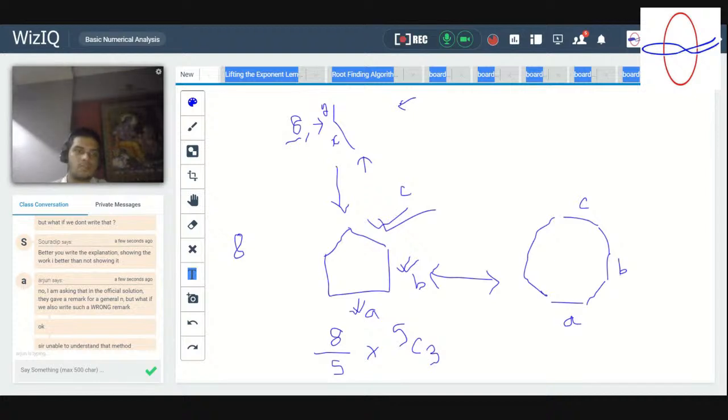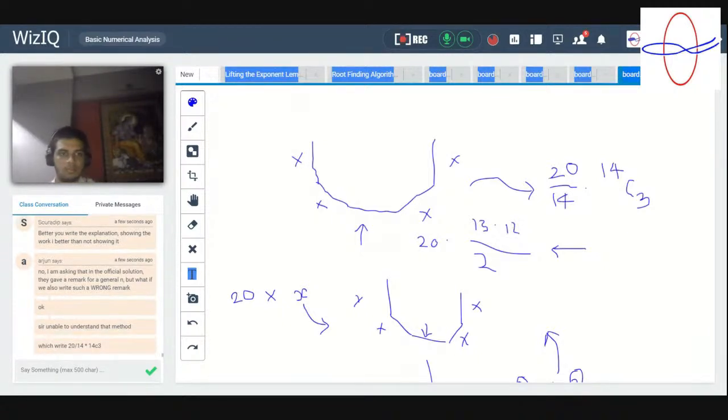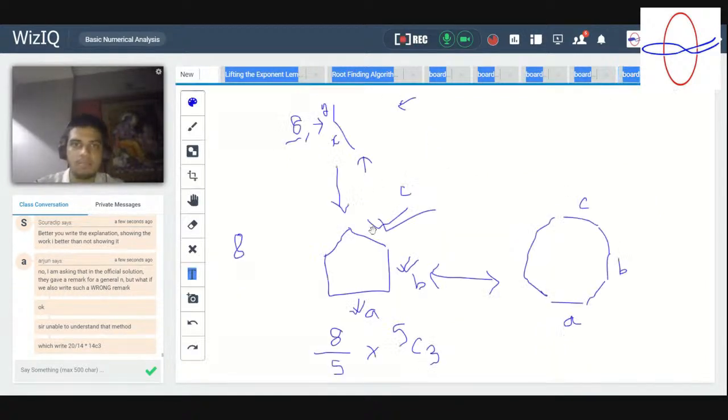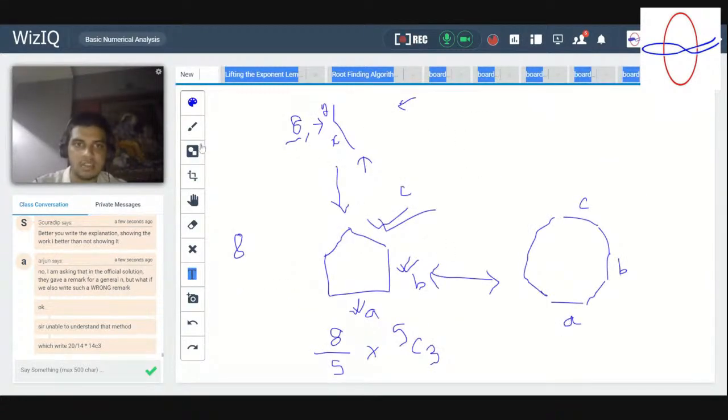Do you mean this or the original method, the method in the official solution? So what I'm doing is instead of 20 and two sides, I'm taking it as 8 and one side. Did you understand this solution?